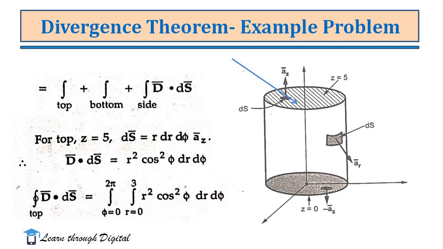Then we take the integration with respect to φ and r. So the surface integral for the top surface is equal to integration with the limit φ is equal to 0 to 2π, and then integration with the limit r is equal to 0 to 3, of r² cos²φ dr dφ.